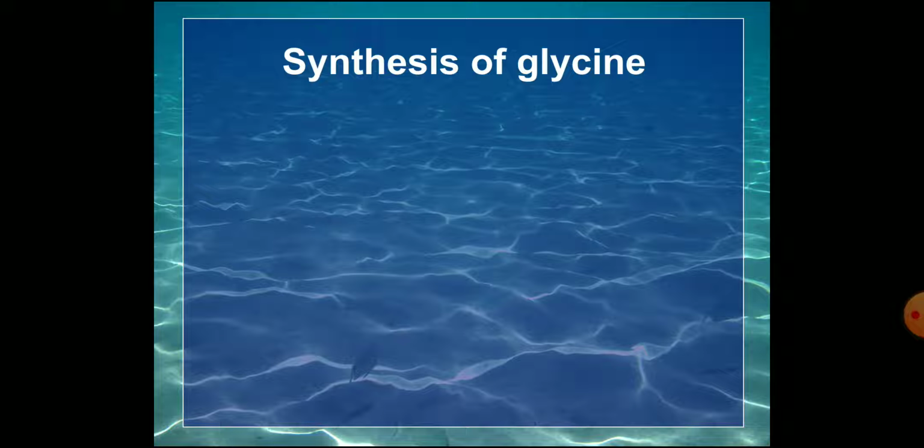Now a few words about how glycine is synthesized. Glycine is synthesized in our body. We have already discussed that it is a non-essential amino acid, so it has to be synthesized in the body. First, glycine is formed from the amino acid serine.